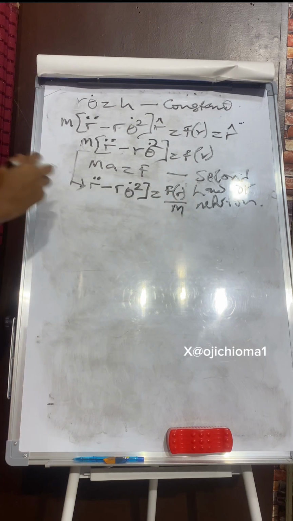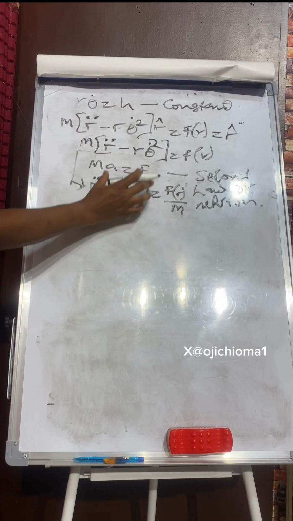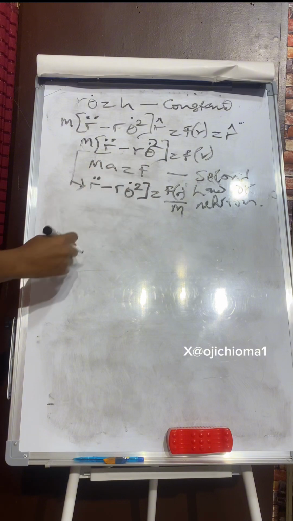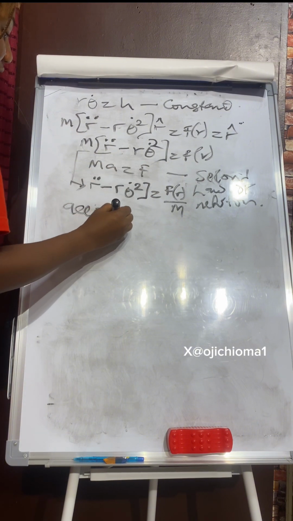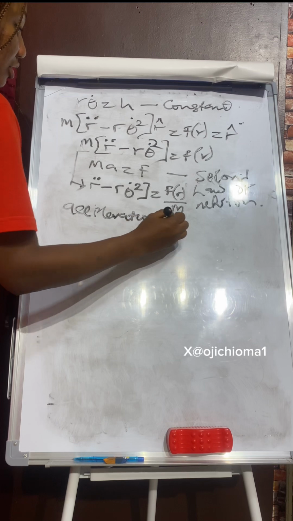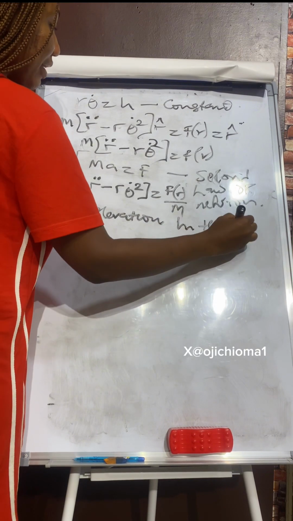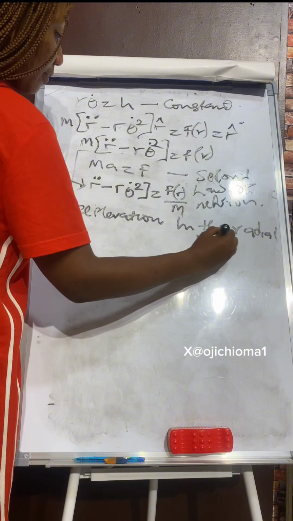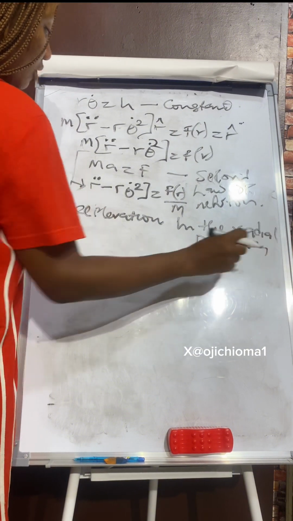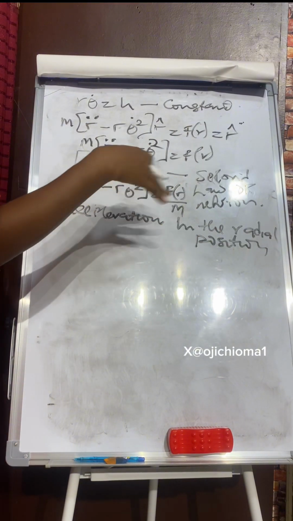You see, I'm trying to make the acceleration part, because this part is the acceleration in the radial position. So this side is the acceleration in the radial position.